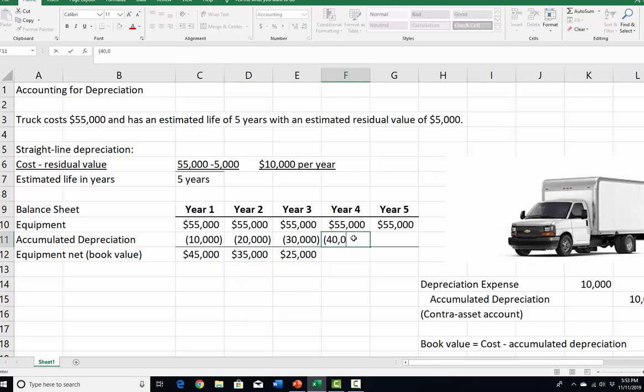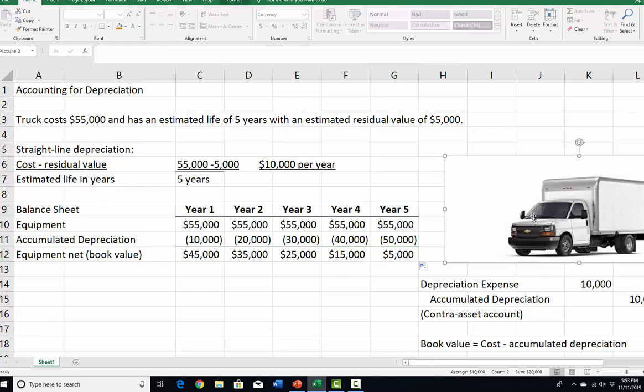Again, $40,000. Our book value is down to $15,000, and then in the last year we have depreciated $50,000, and our book value is equal to $5,000. Our book value in the last year of life is equal to, do you notice what it's equal to?